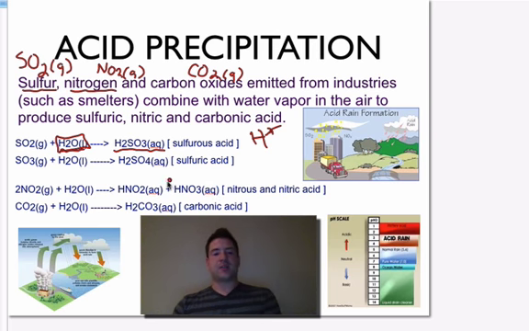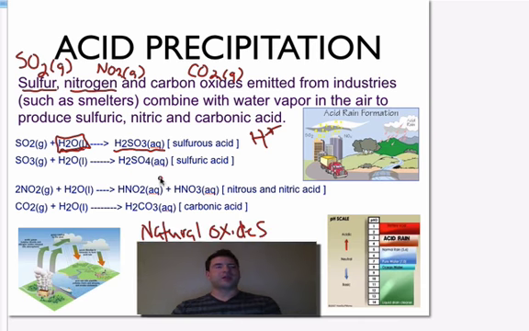So the second acid precipitation we're going to see is from sulfur trioxide, and it combines again with water vapor in the air, and it's going to form H2SO4, and it's in aqueous form, which means it's in a solution with water. And so that's going to form our sulfuric acid.